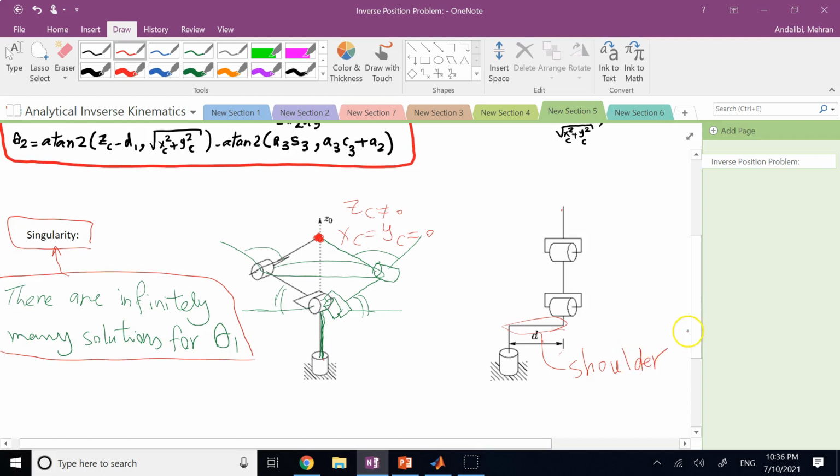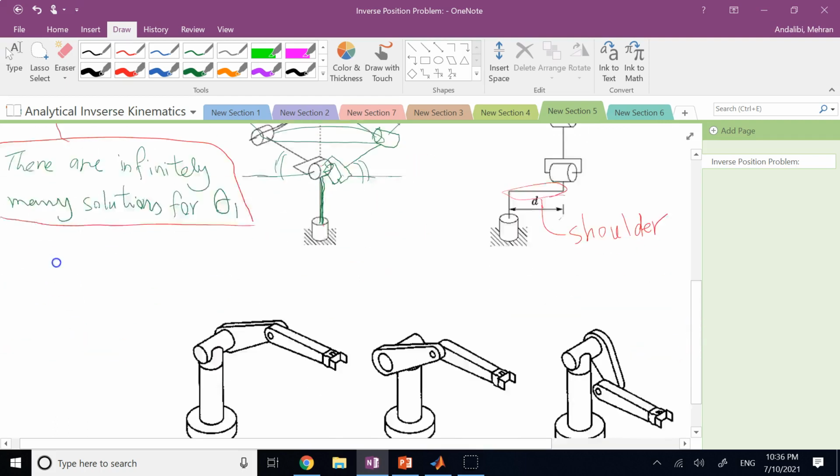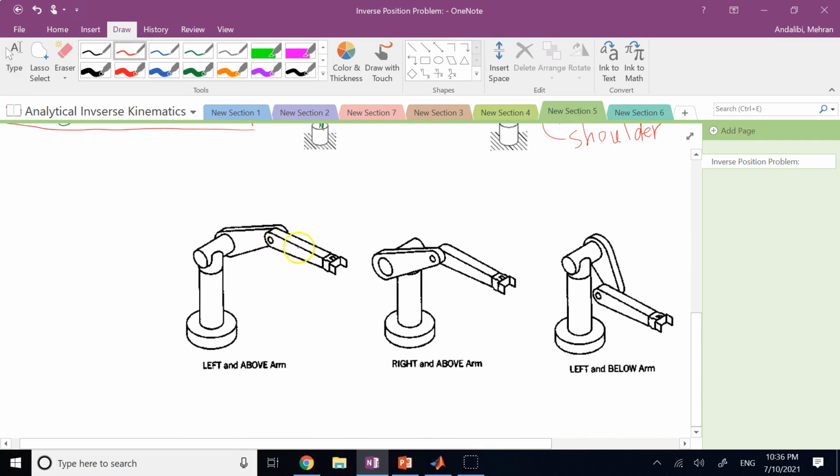When you do that, and when you look from the side, you will see something like this. This is your theta 1 that can rotate. But now, whatever you do with theta 2 and 3, because of this shoulder D that you have, your wrist point, or if you put an end effector there, cannot reach right above here, okay?